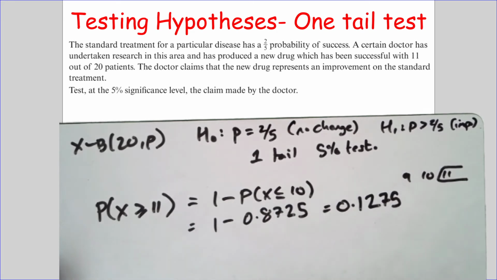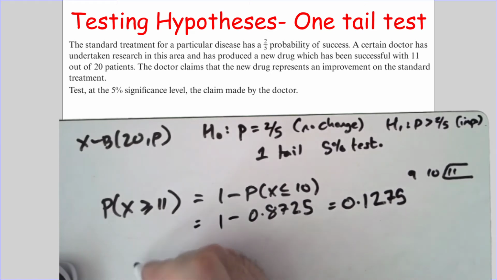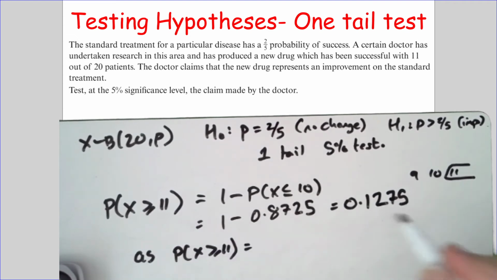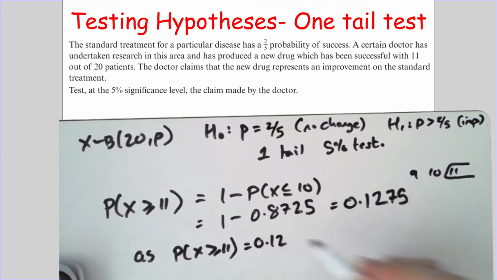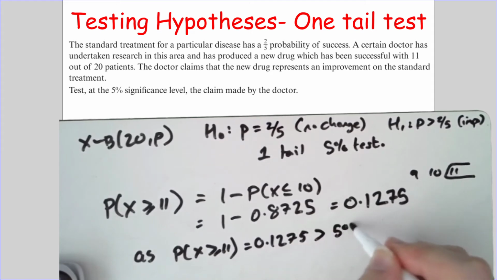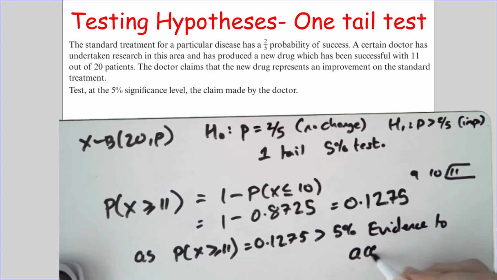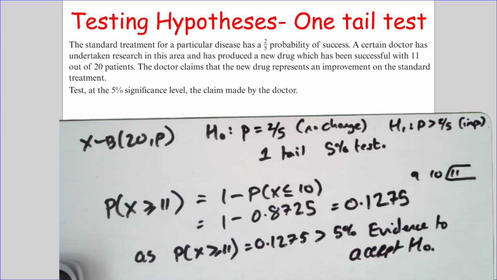So our comparison to the significance is probability x is greater than or equal to 11 equals 0.1275, which is greater than 5%, so we accept H0.